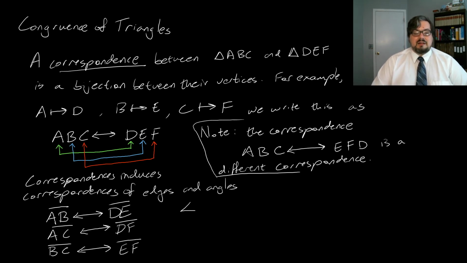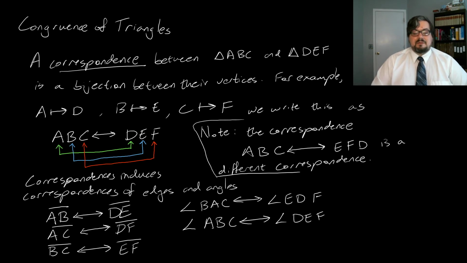and for angles, we have that the angle BAC corresponds to the angle EDF, and once again, we just replace each point with its corresponding point. So B corresponds to E, A corresponds to D, C corresponds to F, angle ABC corresponds to the angle DEF, and the angle ACB corresponds to the angle DFE.